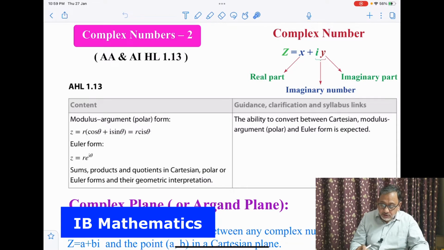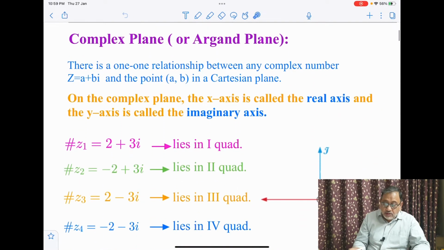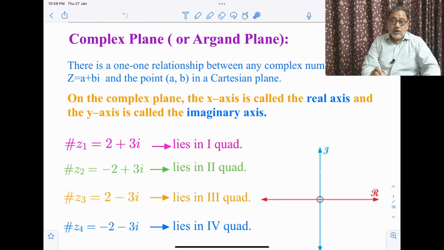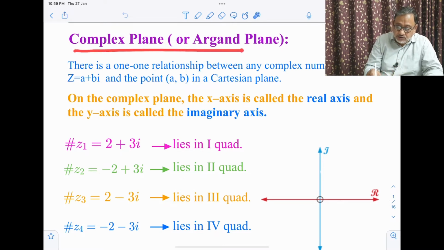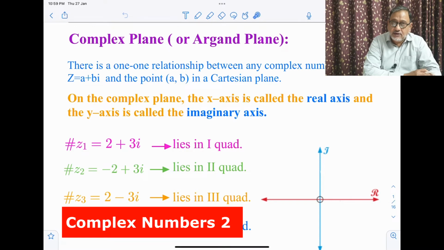You already know what is a complex number, right? Today we are going to study how to represent a complex number in a complex plane. That complex plane is also called the Argand plane or Argand diagram. Some books write it like that.